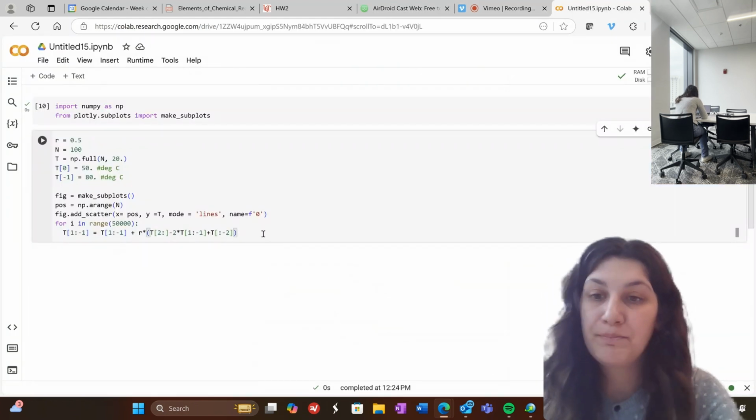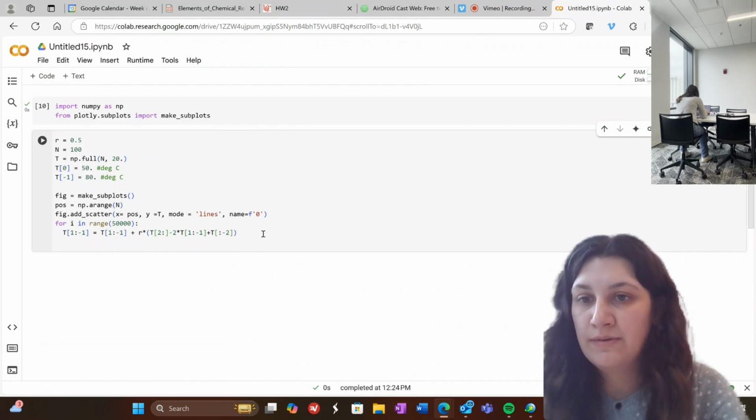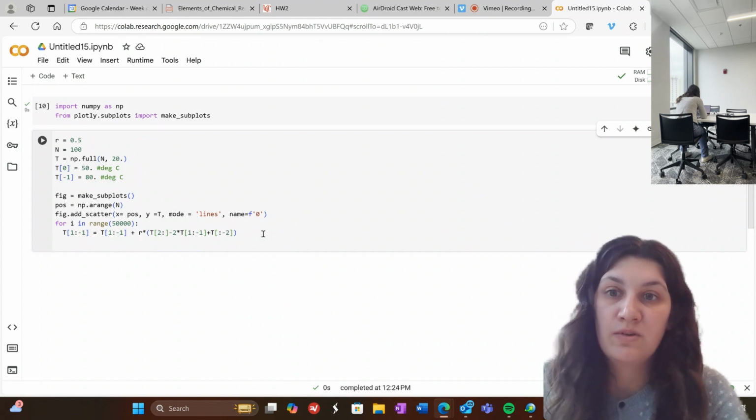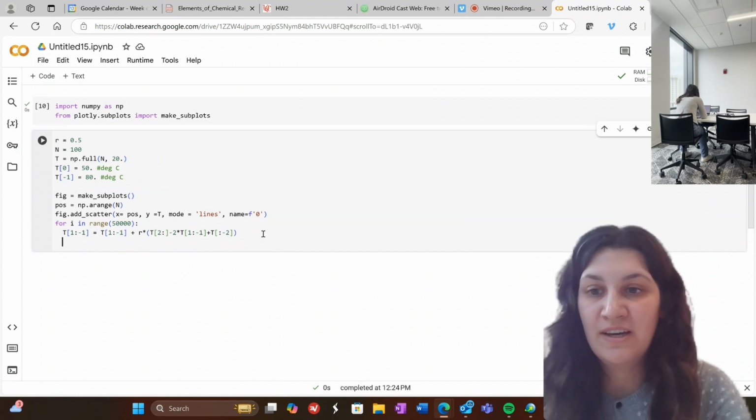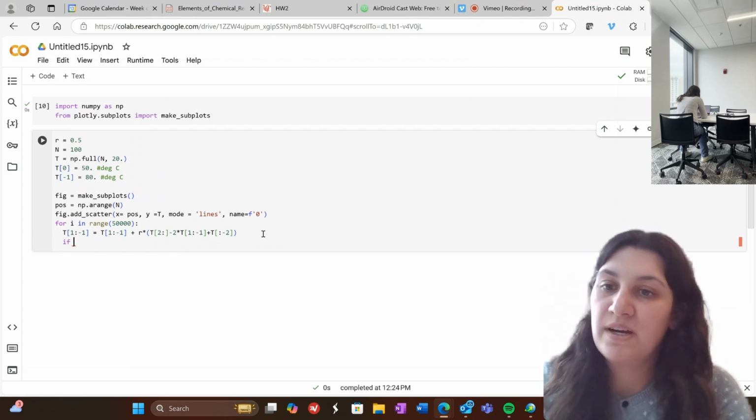So this should work. Now we have this going through 50,000 times, so we don't really want that many lines. So we're going to alter that so that we don't have so many.